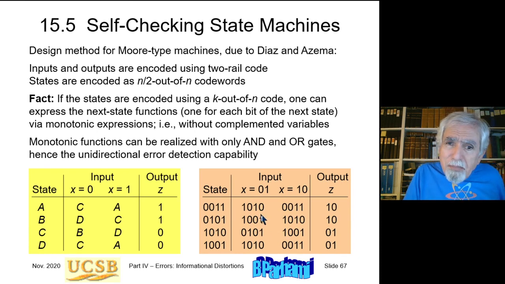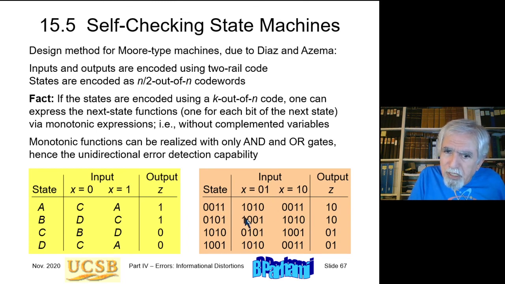Now the nice thing about this is that if states are encoded using a k out of n code, in this case 2 out of 4 code, a constant weight code, one can express the next state functions, one for each bit of the next state. So here I need 4 circuits because 4 bits need to be computed based on the current 4 bits and based on the inputs.